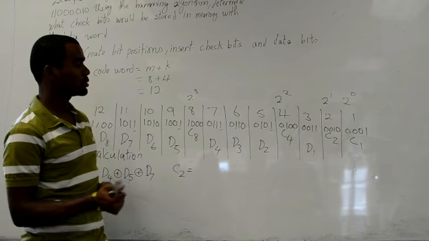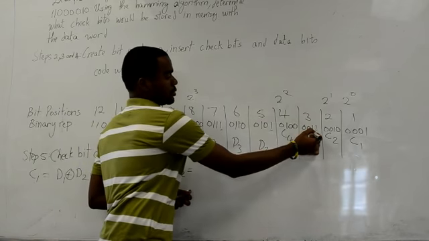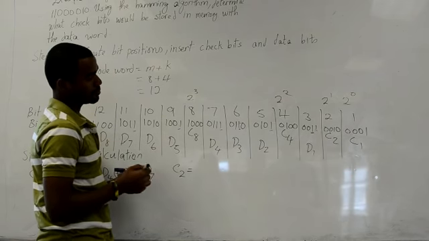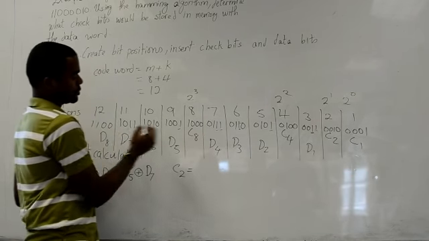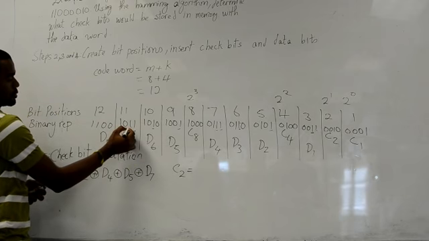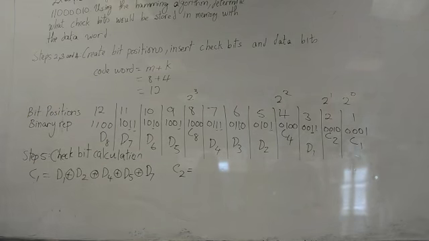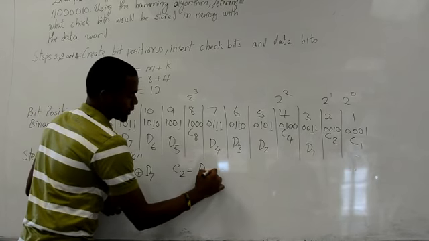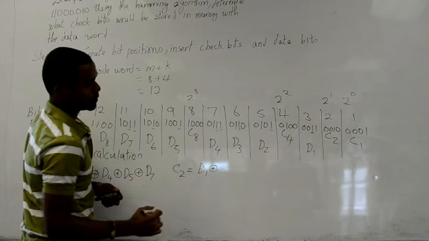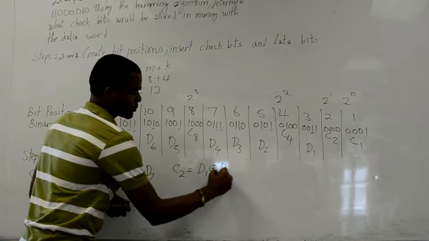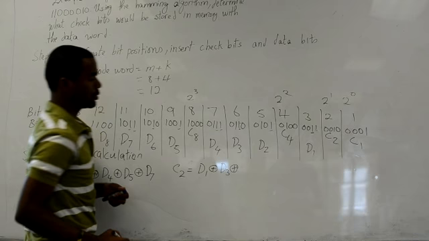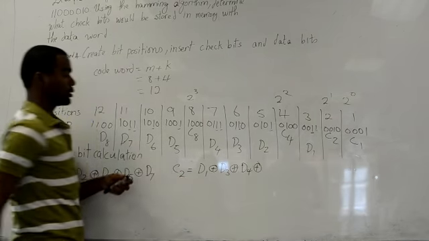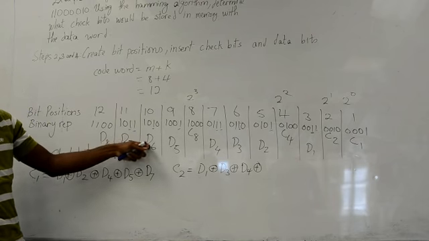So as you can see, it will be this one, this, this, this, and this. So that is data bit 1, exclusive OR, data bit 3, data bit 4, data bits 6 and 7.